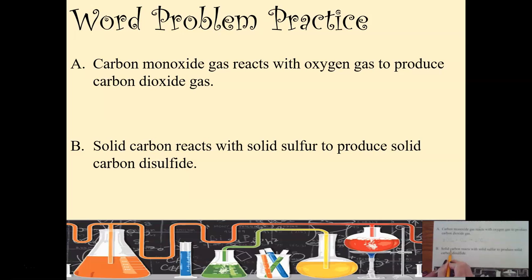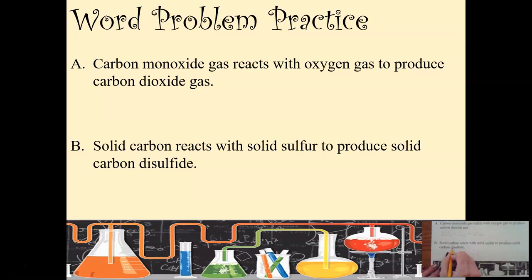Solid carbon reacts with solid sulfur to produce solid carbon disulfide. You can do that. So solid carbon would be carbon with an S next to it. Reacts with solid sulfur. So far so good, pretty easy. To produce, there goes my arrow, solid carbon disulfide.